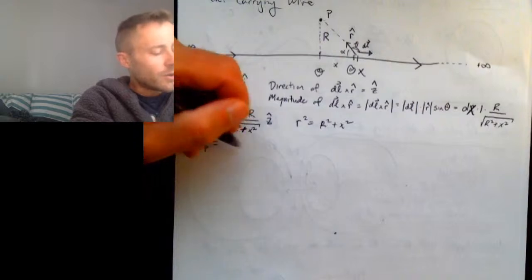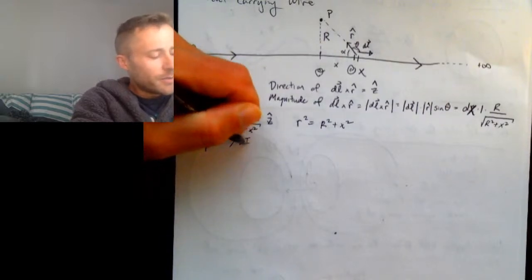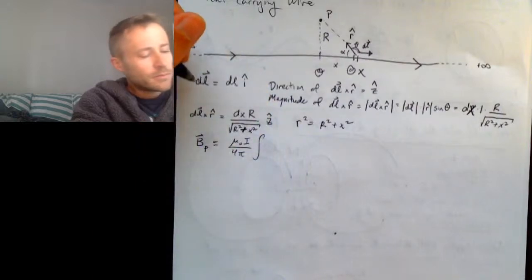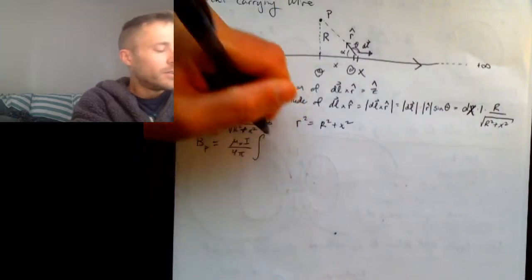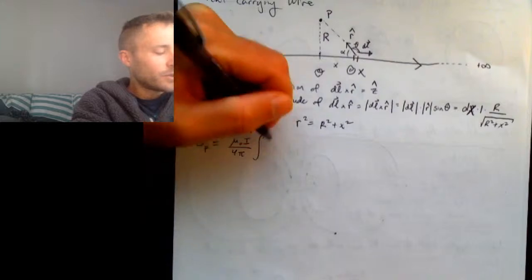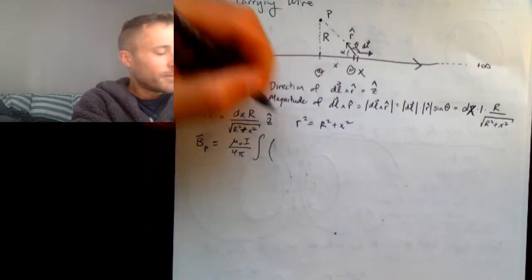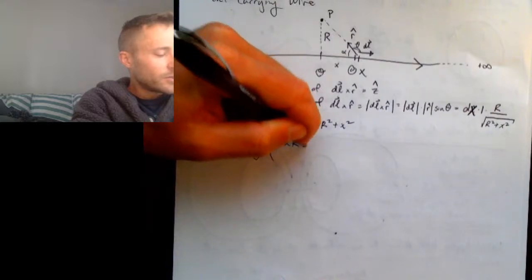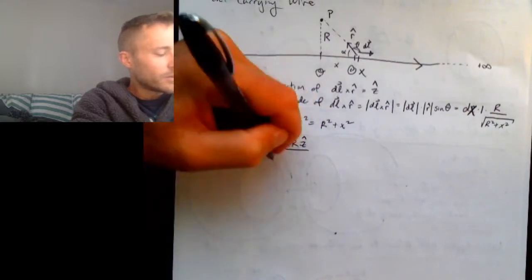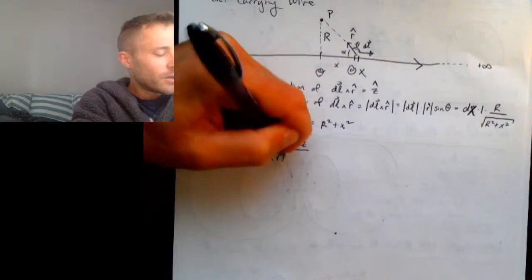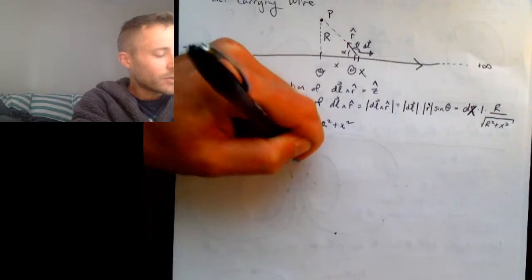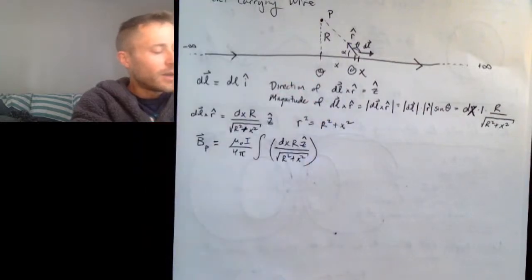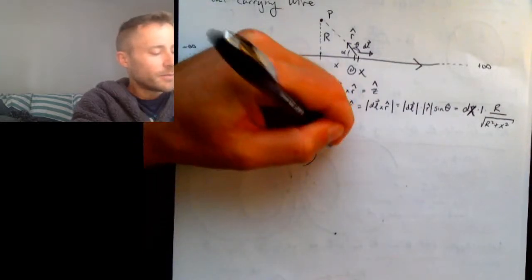So the Biot-Savart law is mu naught I over 4 pi times the integral of dl cross r hat, which is dx times r times z hat over the square root of r squared plus x squared, times 1 over r squared.